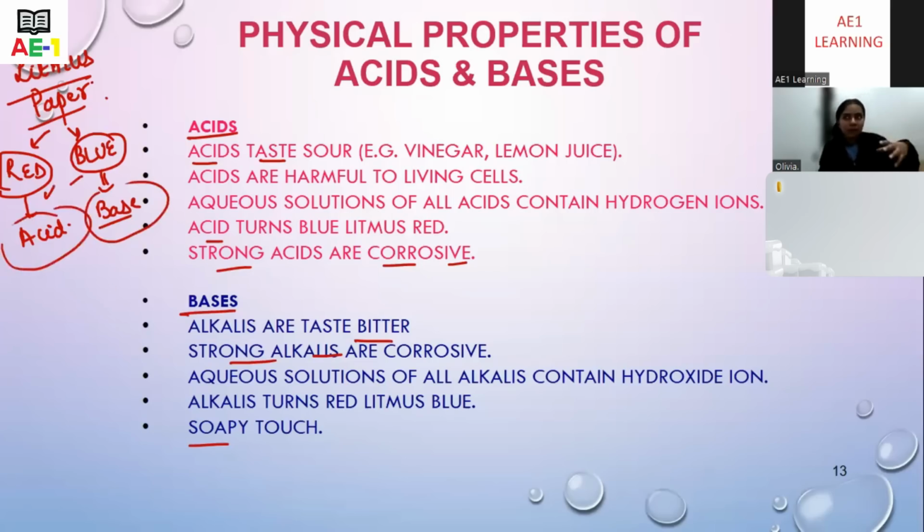So if you have a red litmus paper and we pour a sample on it, and it converts its color into blue, that means that thing is basic in nature. I'm going to explain this to you again in the next session, along with a few definitions, which I want you to write down because they are going to be really important from this section.